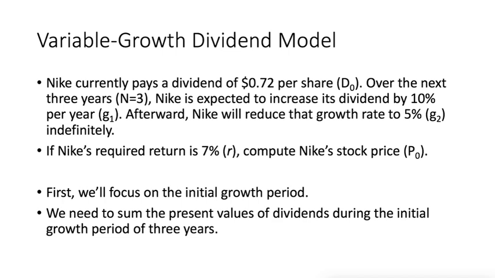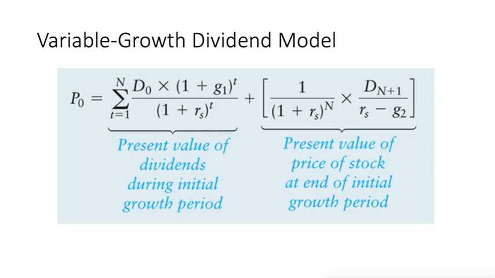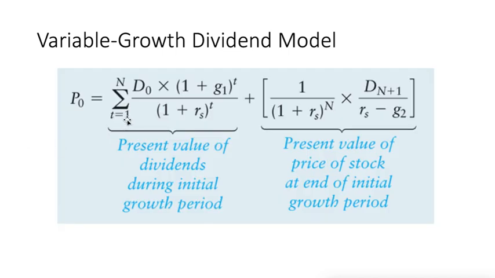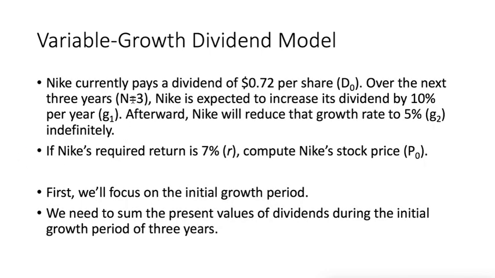Ultimately we're going to follow this giant formula, but we're going to do it piece by piece. First, we'll focus on the initial growth period. Essentially it's a summation of the present value of dividends during this initial growth period. N in this example is 3, so the initial growth period only lasts 3 years.